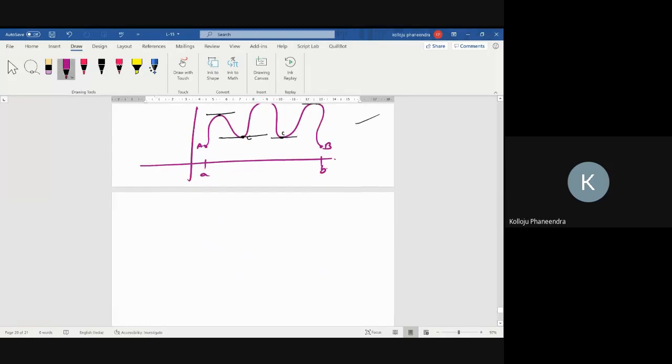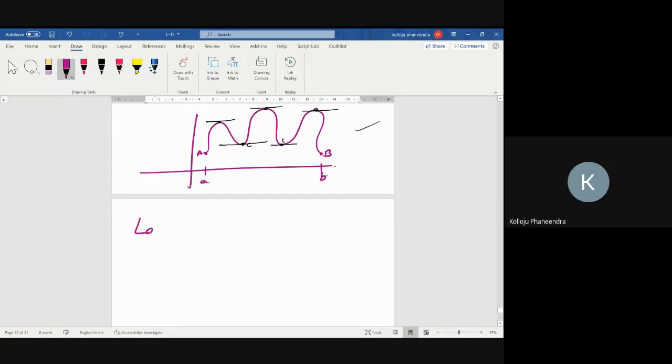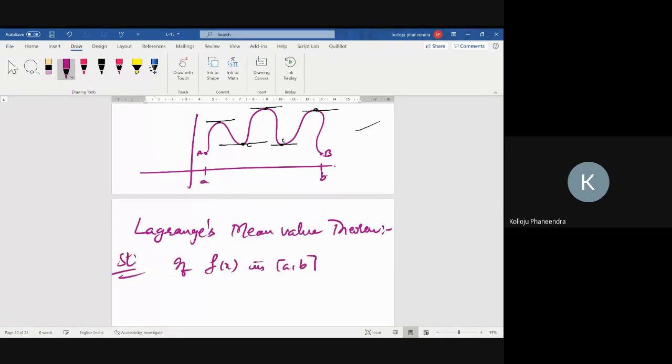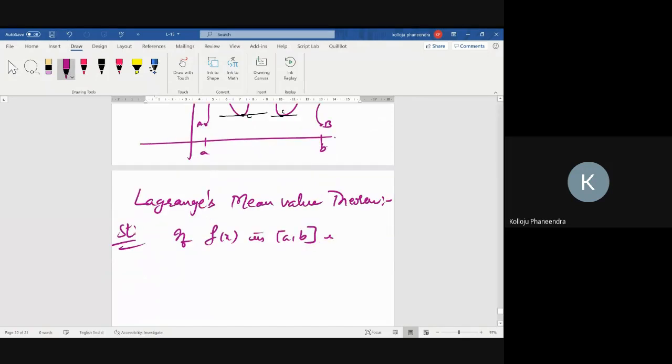Next, let me explain one more, Lagrange's mean value theorem, then I will stop. The statement: if f of x is defined in closed AB, first condition, f of x is continuous in closed AB.